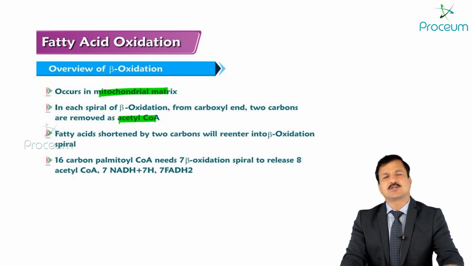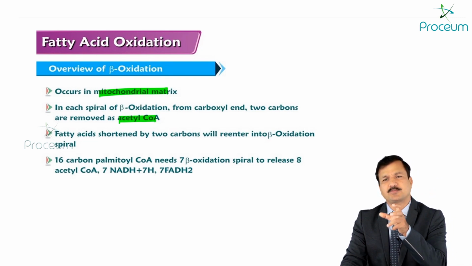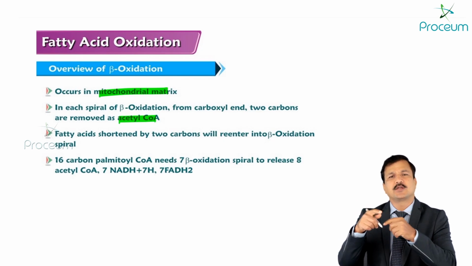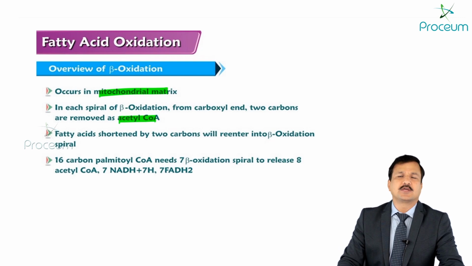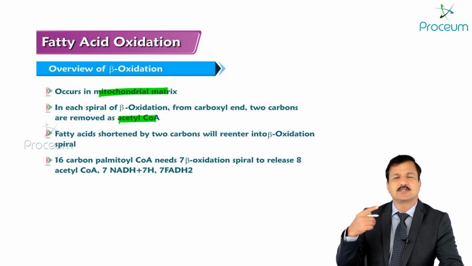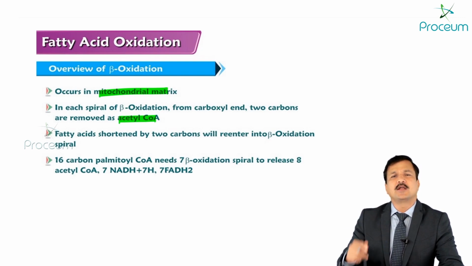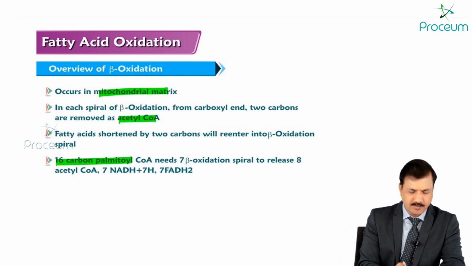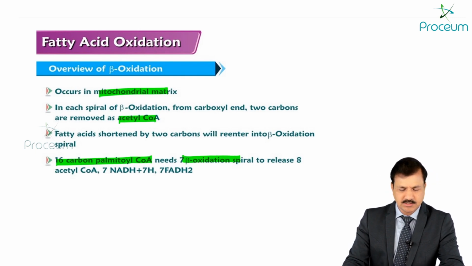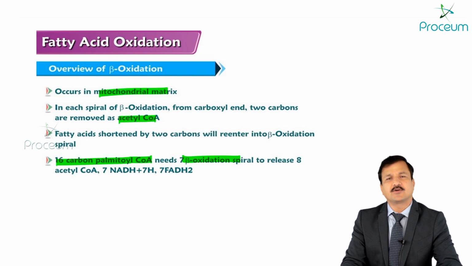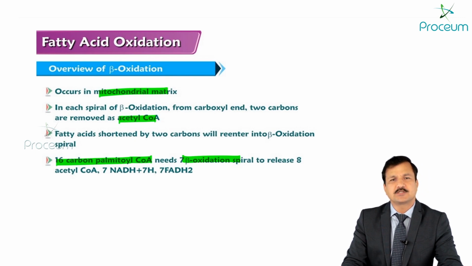Once shortened, the fatty acid goes back into the next beta oxidation spiral, and the same mechanism runs and 2 more carbons are removed. Like this, a 16 carbon palmityl-CoA will undergo 7 beta oxidation spirals to release 8 acetyl-CoAs, 7 NADH plus 7 H plus molecules and 7 FADH2.